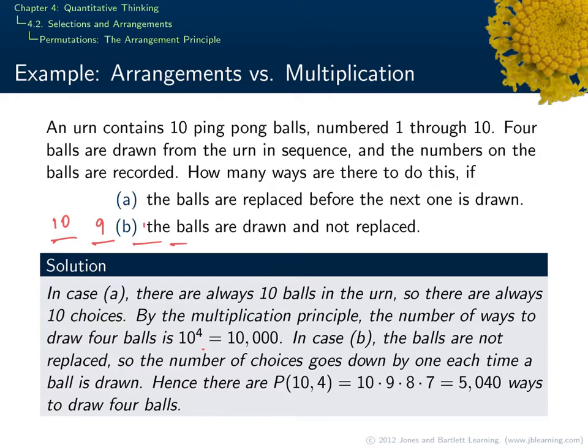Then we have 8 choices for the third because we've not replaced either of the first 2 balls. And then there are 7 choices for the fourth. So there are going to be P(10,4), or 10 times 9 times 8 times 7, or 5,040 ways to draw the 4 balls under the scenario of part B.